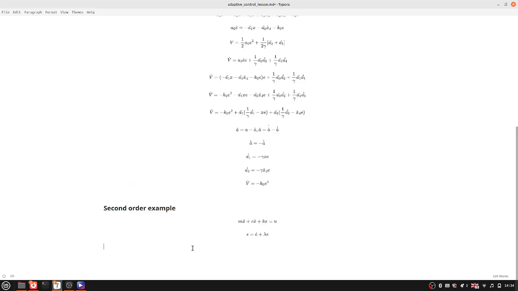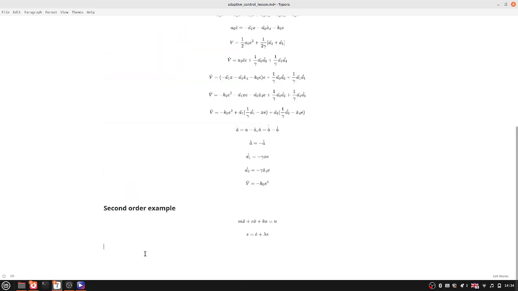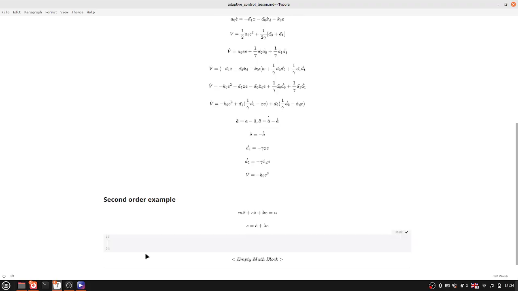And now we work through the exact same method, but instead of E, we use S. So first thing we do is we take the first derivative, S dot, like this, and it's going to be E double dot plus lambda E dot.